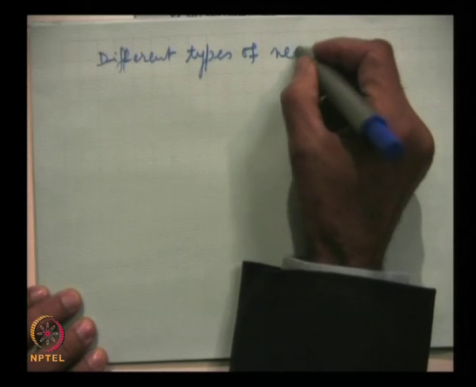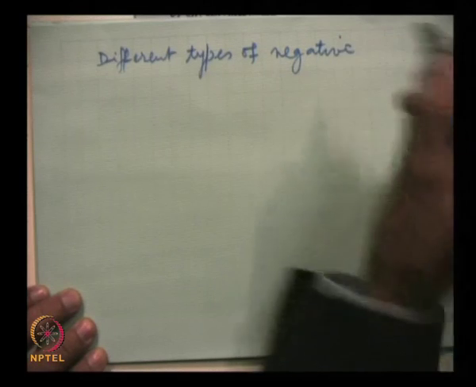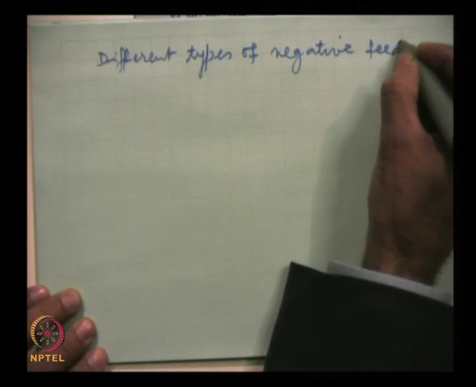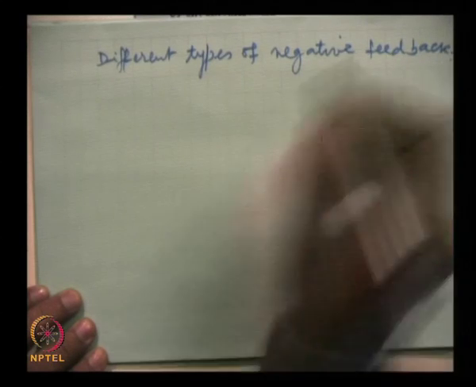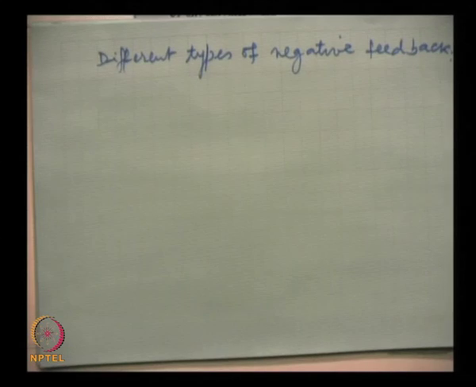Depending on how we connect the feedback network at the input and output, that will decide what type of configuration we are going to have. You will see that it will influence properties of interest, whether we make a shunt connection at output or a series connection at output, similarly at the input.